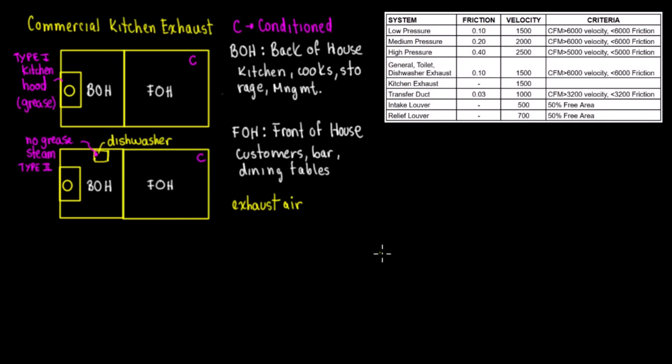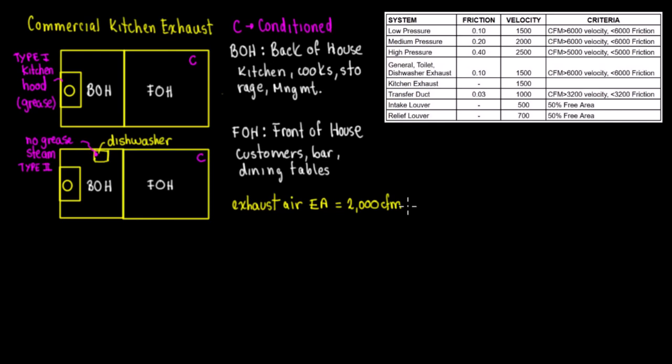So we need exhaust air no matter what, and I'm going to call this EA. There has to be a way to exhaust air. For example, if my exhaust air after my calculations is say 2000 CFM, I need to exhaust 2000 CFM. And how do I know this is 2000 CFM?